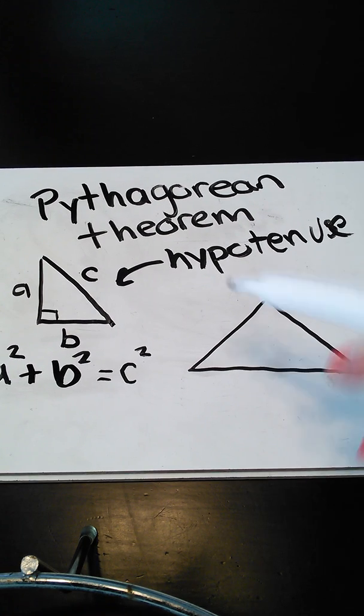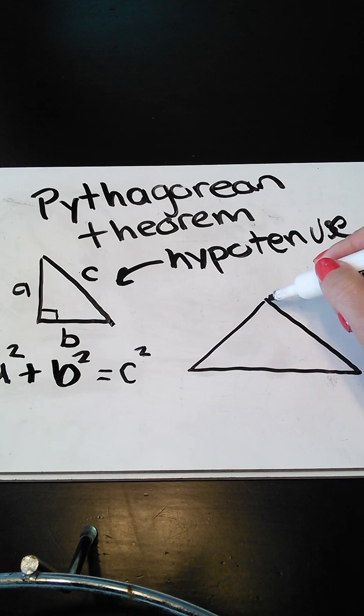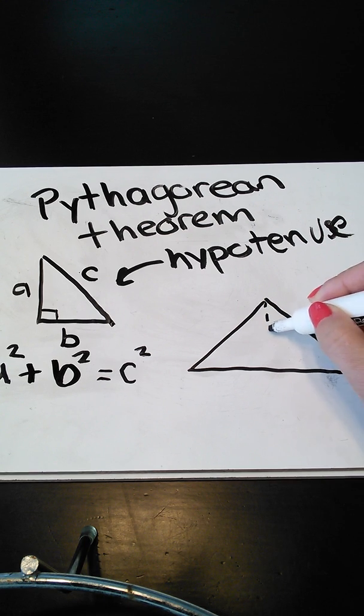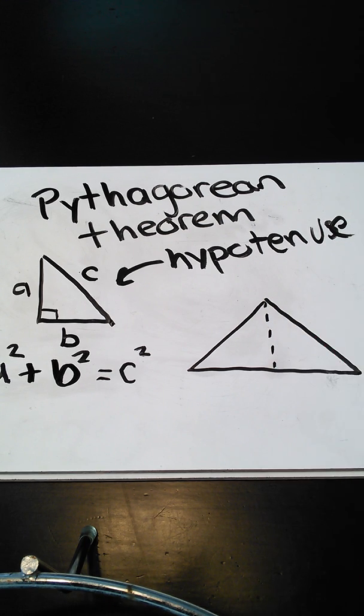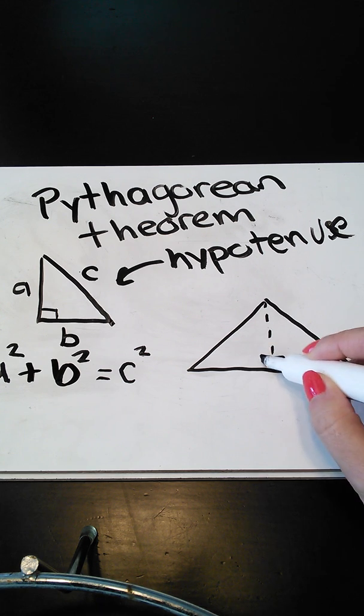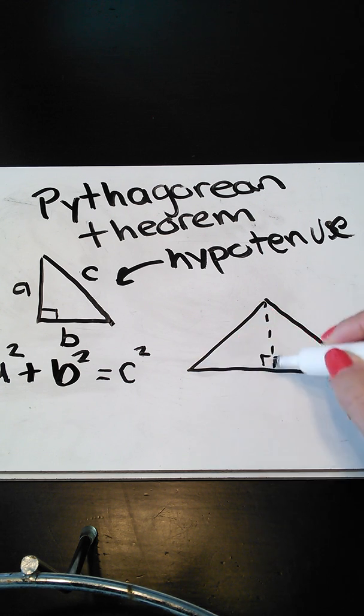So if we end up having a triangle that looks like this, and we have some unknown numbers, we could actually cut this down the middle. And then if we do that, we end up having two right angle triangles.